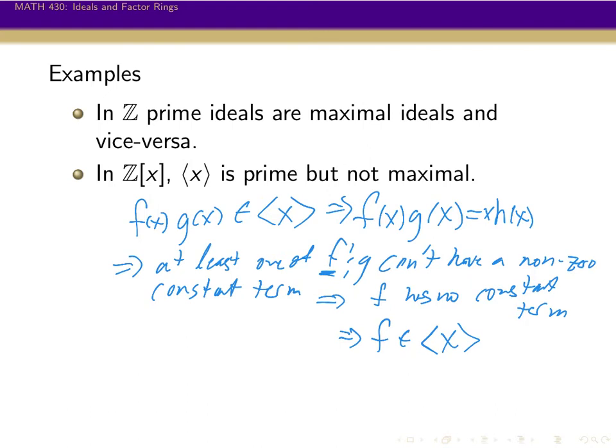It is not maximal, though. A bit of notation: the ideal generated by 2 and x is equal to r times 2 plus s times x, where r and s are both in the polynomials with integer coefficients.